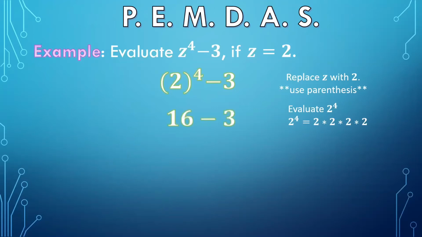That gives us 16. My parentheses is now gone. There's no more exponents. I have no multiplication or division in this problem. Sometimes you might. There is no addition, so I simply subtract, and I get 13. So in this problem, you didn't have all the operations, but that's okay. You won't always.